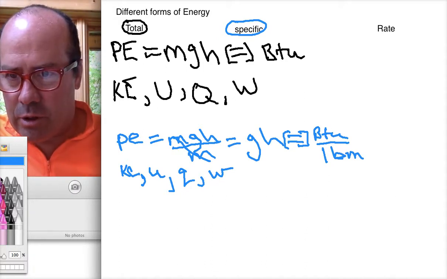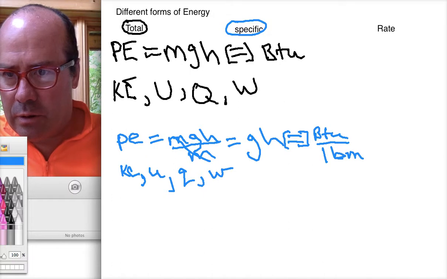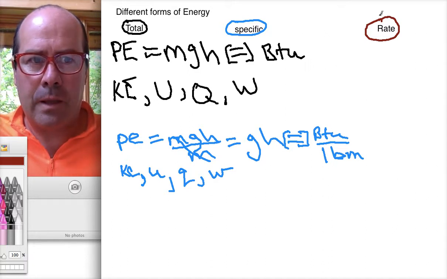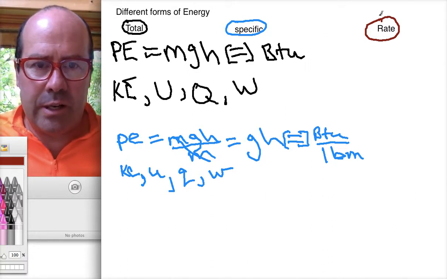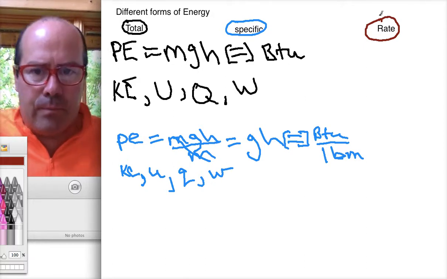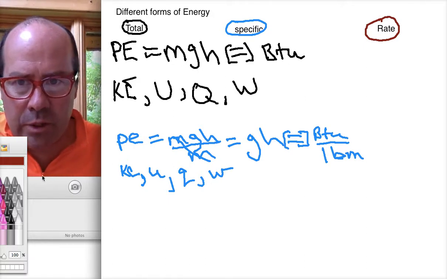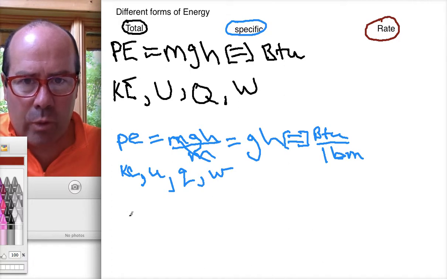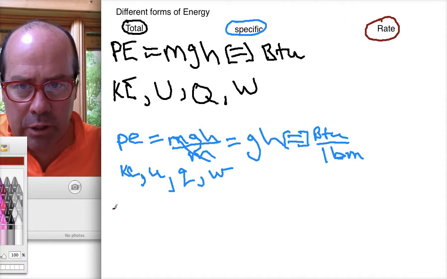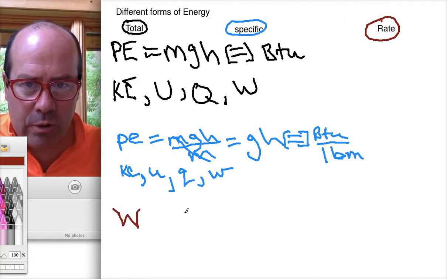Let's go to another color and talk about rate. The rate at which energy is done. Well, the ones that we do most commonly with rate are work and heat transfer.